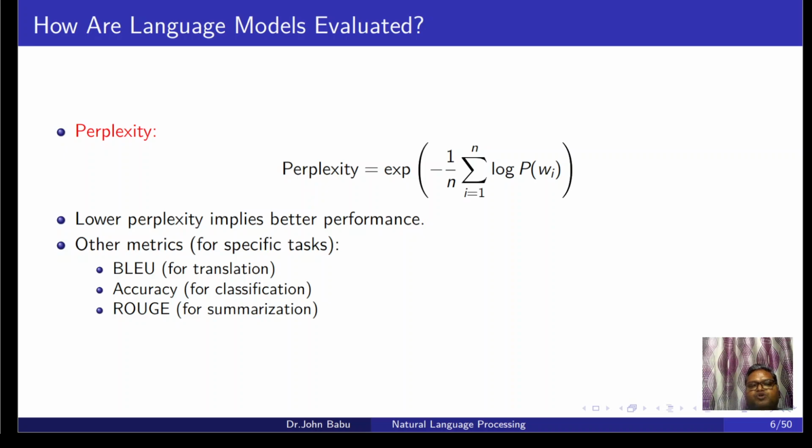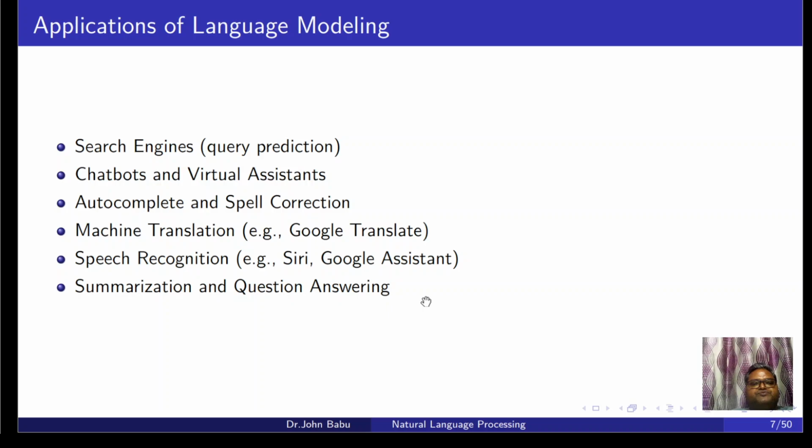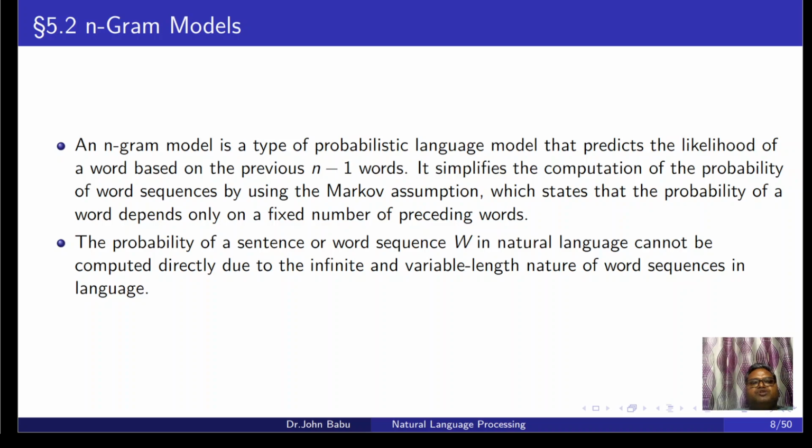Remember one point: the lower the perplexity, the higher the performance. It will be calculated just as we did with decision tree entropy. Other parameters are also there: BLEU for translation, accuracy for classification, ROUGE for summarization. These are the different parameters. We have already seen the applications of language modeling.